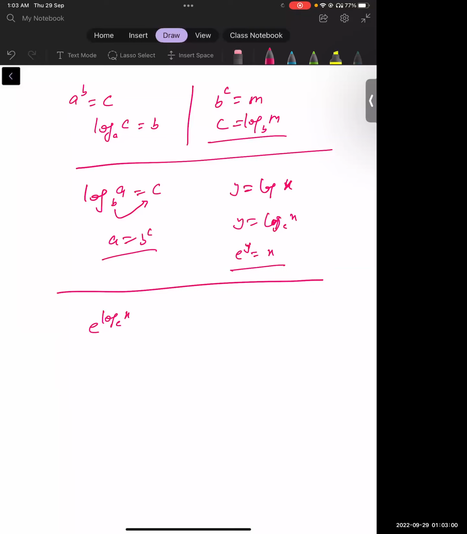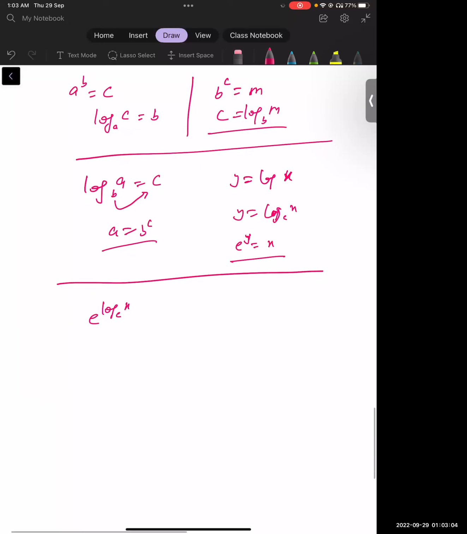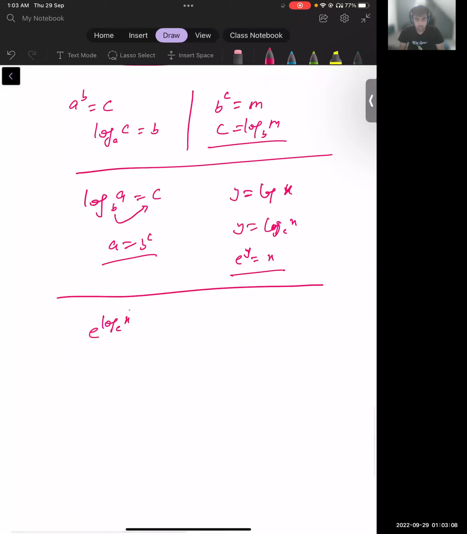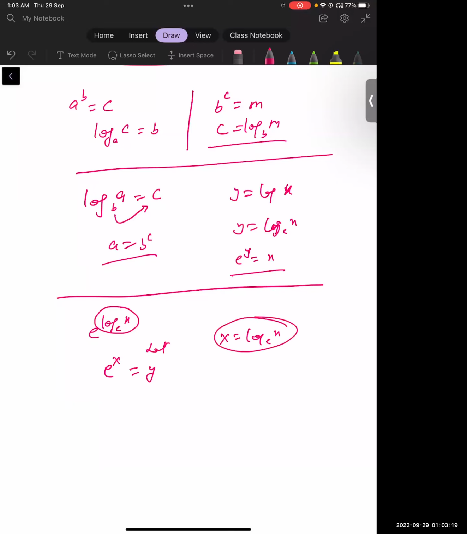So let us take it this way. You can take it to be x for the time being, or you can take it to be y, whatever you want. Suppose e to the power X is equal to y, where X is equal to log x to the base e. Can I write it so?